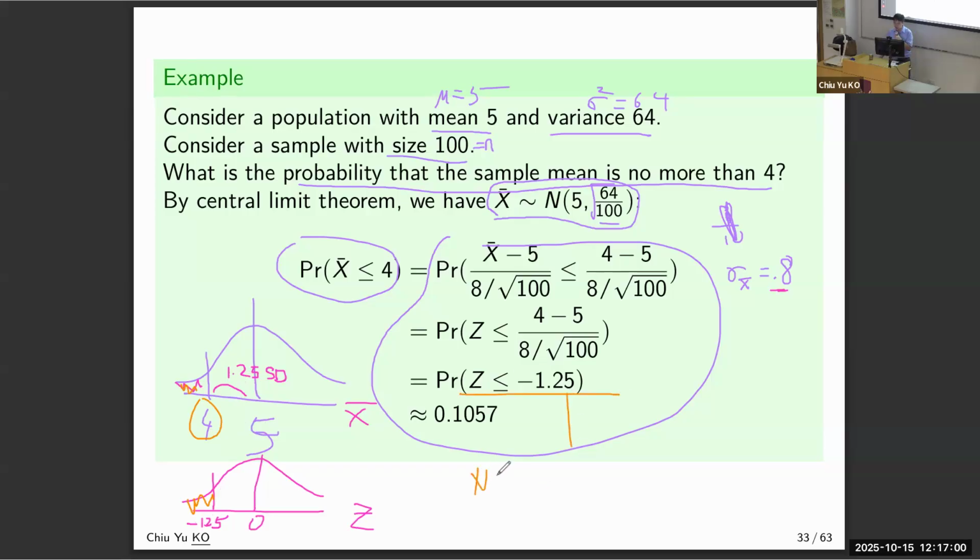From Excel, this is NORM.S.DIST of negative 1.25, true. Excel will give you about 0.105. You can also use the Z table.